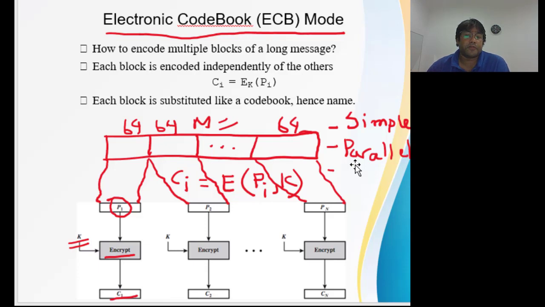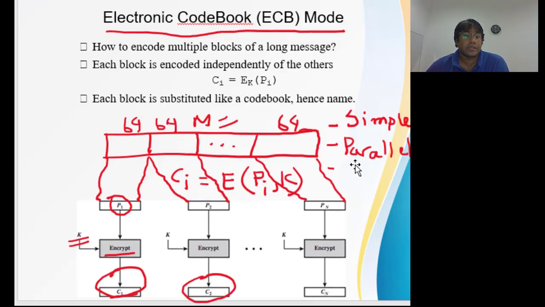Again, if any error occurs in the ciphertext, the error will not propagate. Let's say through the communication channel, a sender is transmitting data to the receiver. Now during the communication, let's say some bits in C1 have changed. If that happens, it will not have any impact on C2 because they are processed separately.